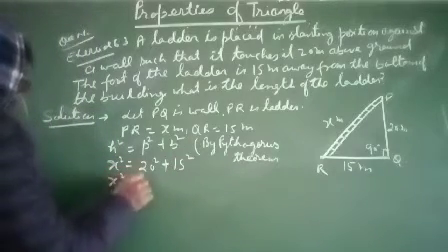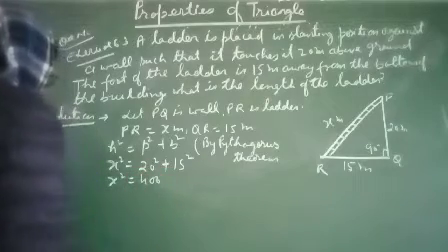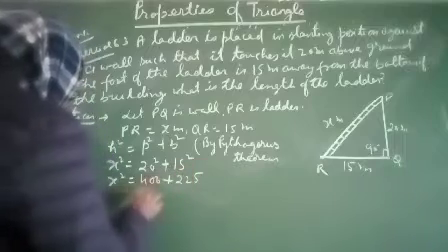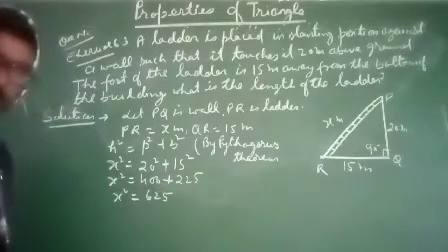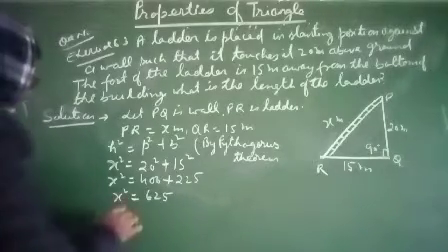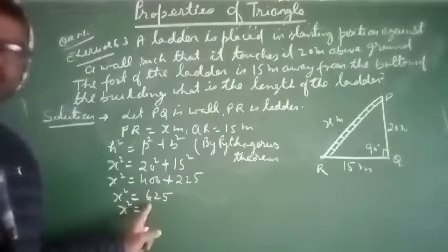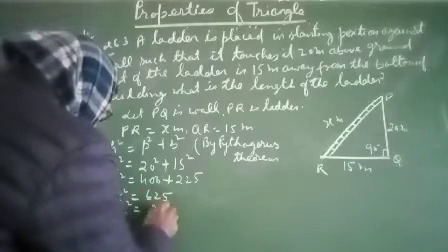Therefore x square equal 20 square, which is 400, plus 15 square, which is 225. Therefore x square equal 625. 625 is the square of 25. Therefore it will be 25 square.